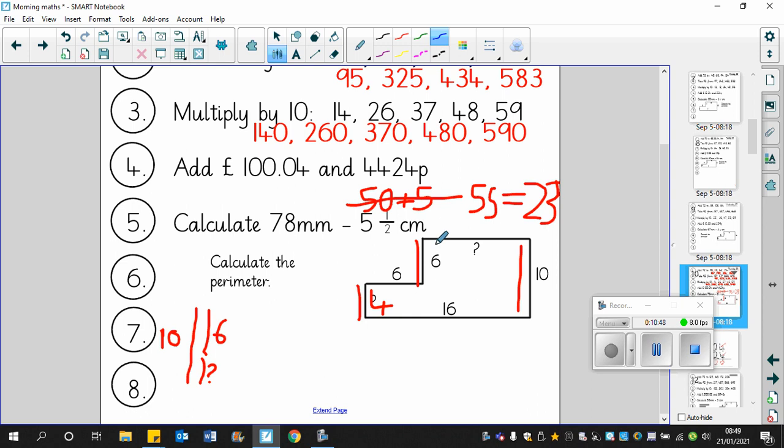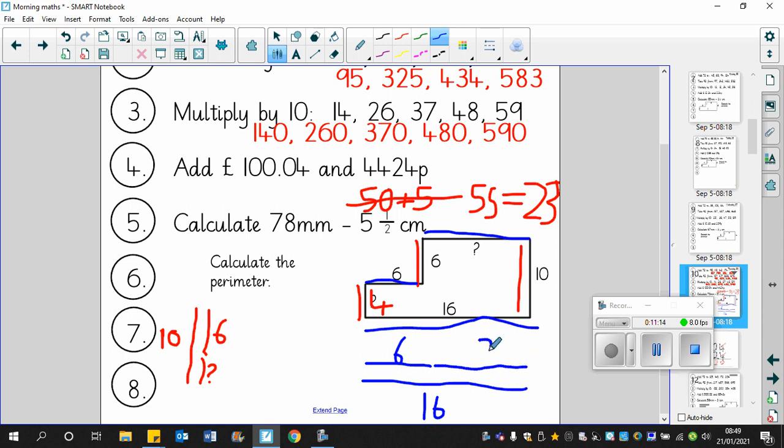Okay, swap pens. Blue. Right, so we've got 16 along there. We've got a horizontal there, which is question mark, and we've got a 6 there. So we've got 16, we've got a 6 there, 16, and this bit here, from here to here, is the question mark.